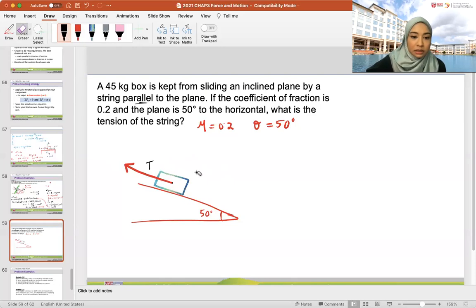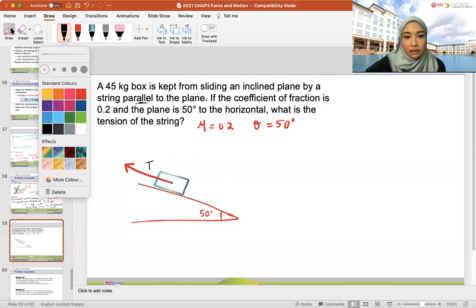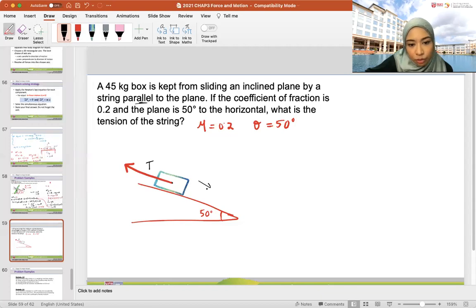Faham ke kenapa tension is on this side? Do you guys get it? So it wants to prevent the box from sliding off. So logically kita akan letak string kita dekat atas lah, sebab box ni punya motion nak ke bawah. Okay, ni ikut logik saja. Saya tak tahu betul ke tak. Hopefully it's correct. Okay. So we have tension here.